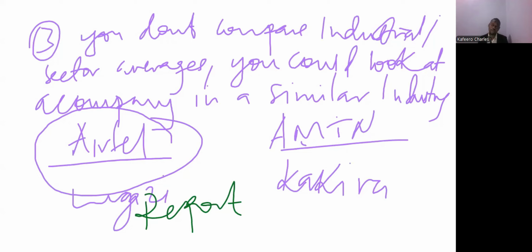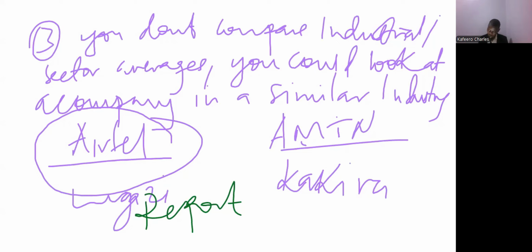We explained how to do a report and a memo in our videos. But what you should know is that if you are writing a report dealing with ratios, the first step is to do the workings.